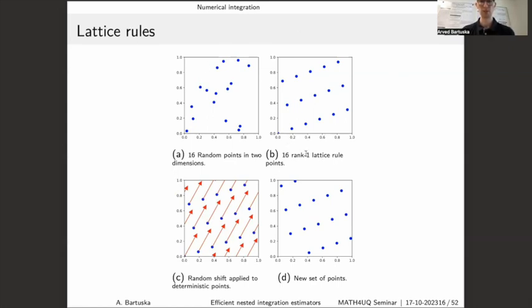Then for this one low discrepancy sequence, called the rank 1 lattice rule, these are the deterministic points. We can see that they fill the space nicely. The first point is always at the origin. They are not quite a standard lattice, meaning that, for example, we have here 16 points in 2 dimensions, and we have 16 distinct x values and y values. So in each dimension, we have distinct values.